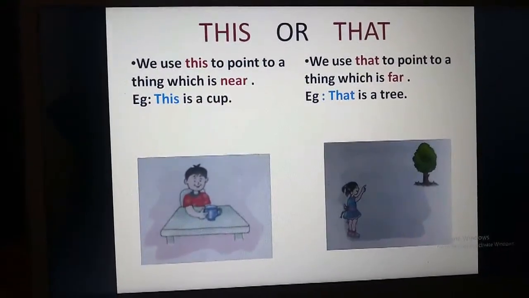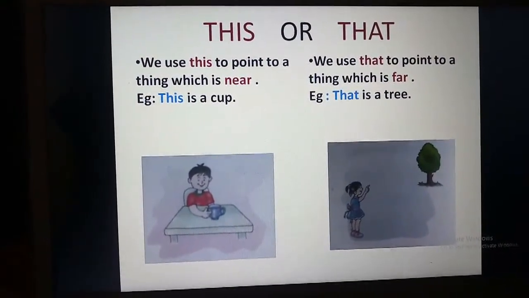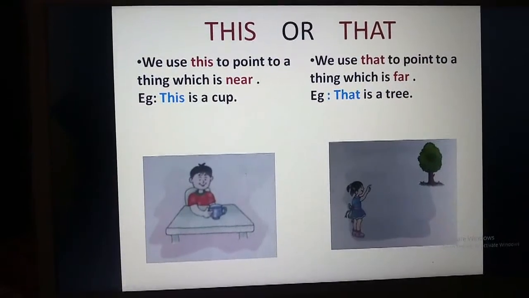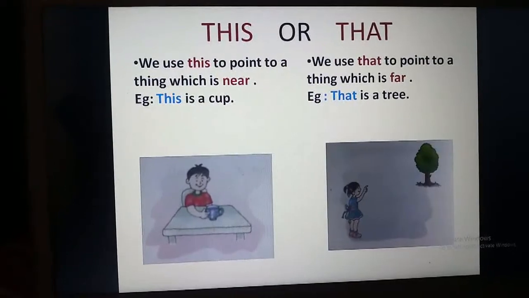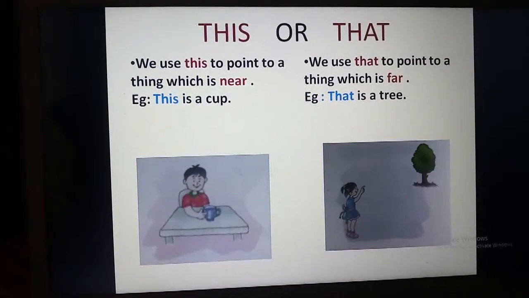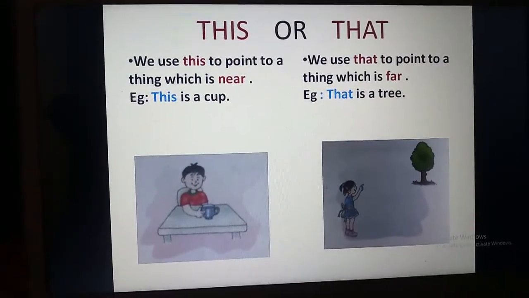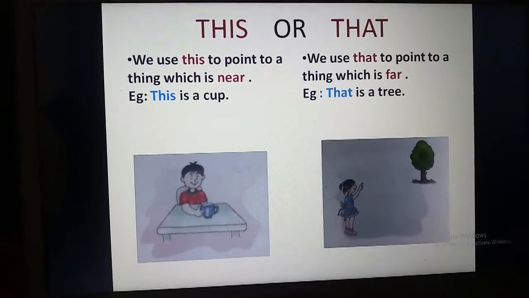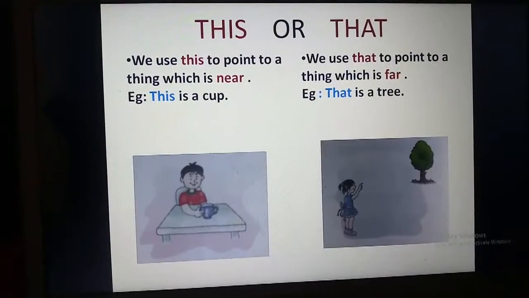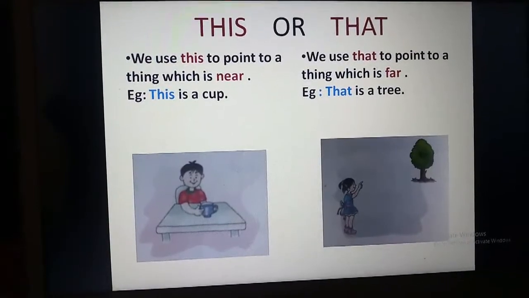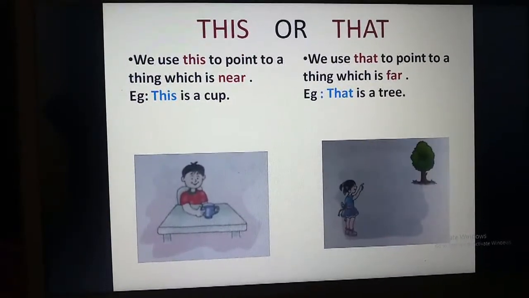Understood, children? When a thing is near, we will use this. Look at the first picture. The cup is near. So we have written, this is a cup. Look at the second picture. Yes, the tree is far. So what have we written? This is a tree? No, we have written that is a tree.